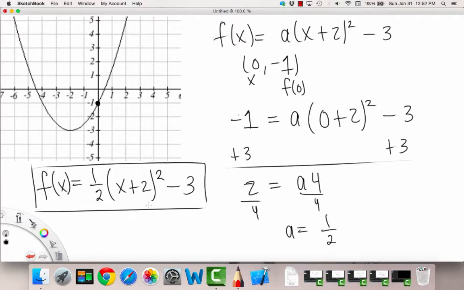Now the second part of our question asked us to do some math and simplify this in order to get it into standard quadratic form, or standard form, right? So let's walk through that on the next slide. So what is standard form? Let me write that.